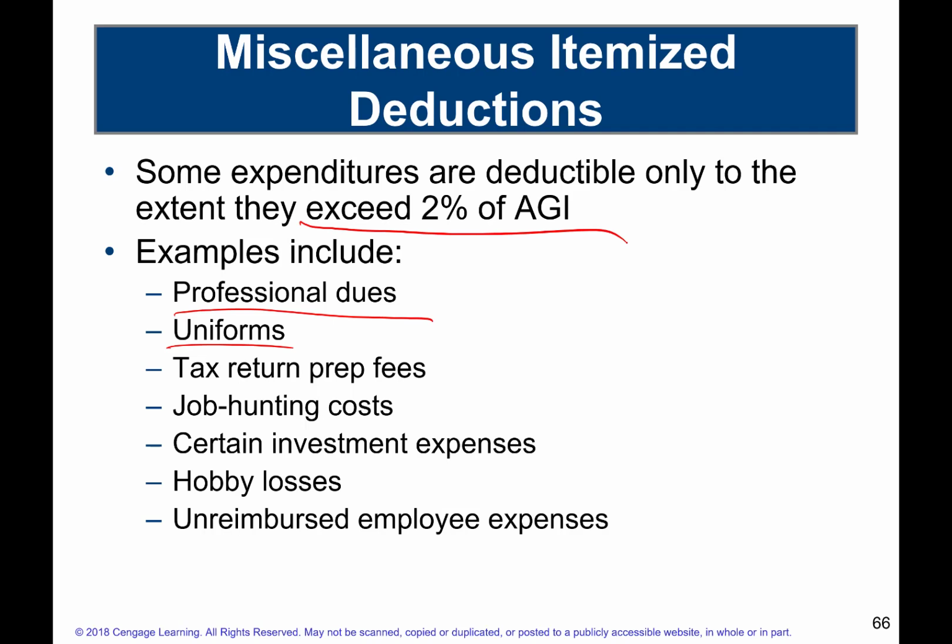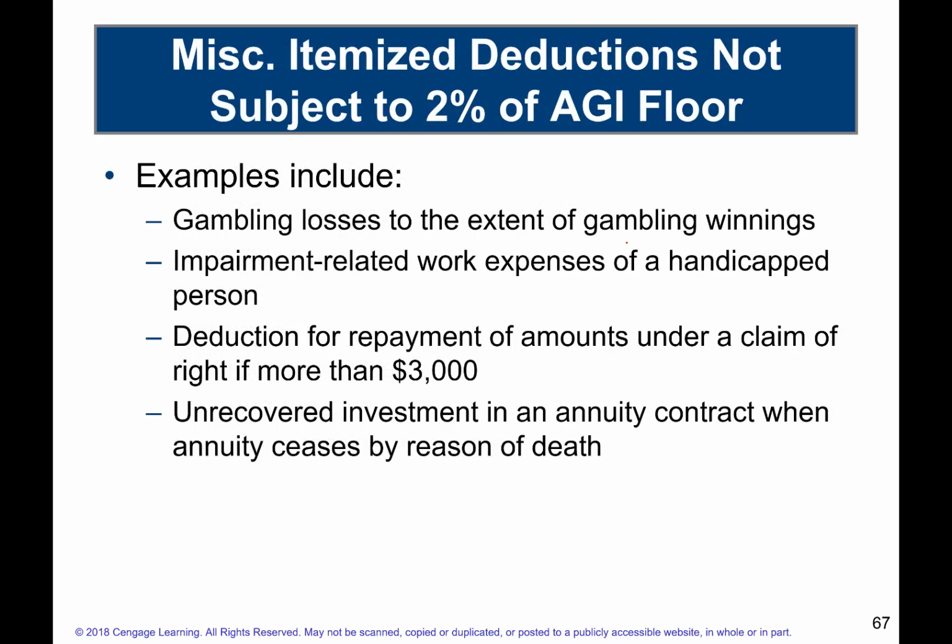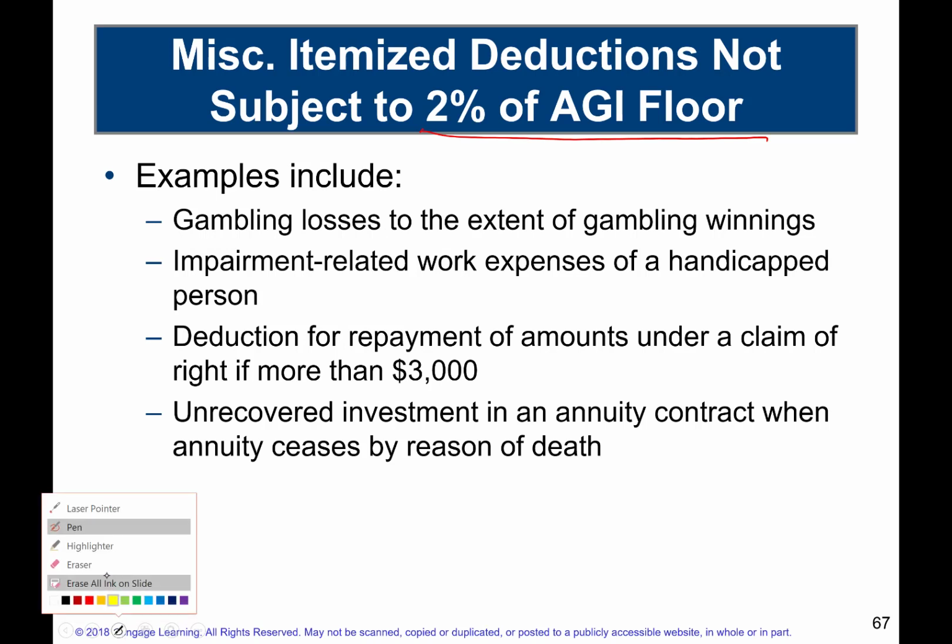And when we take a look at the next slide, there are some items that are not limited to the 2% of AGI floor. Okay, so when we have gambling losses, we are allowed to deduct those, but the limitation there is not 2% of AGI. The limitation there is the extent of your gambling winnings.